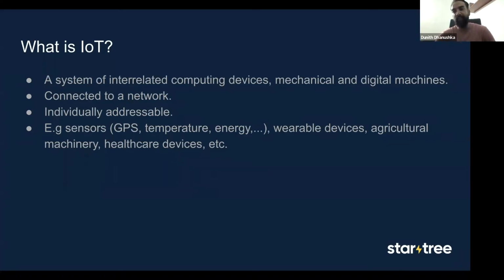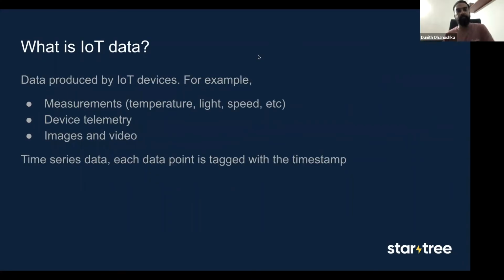This network can be a private network, or it can be over the internet. It doesn't matter. What really matters is the interconnectedness of these devices. Secondly, they all bear a unique address, which makes them individually addressable. So that's the gist of this IoT definition.